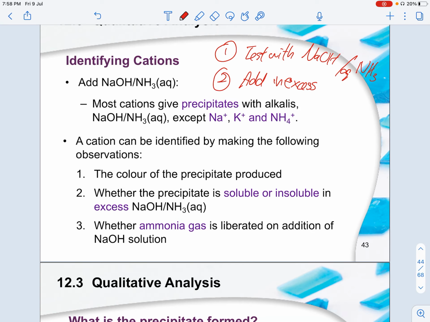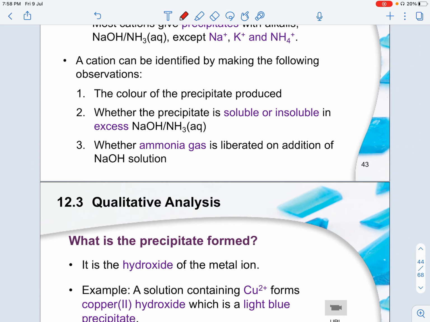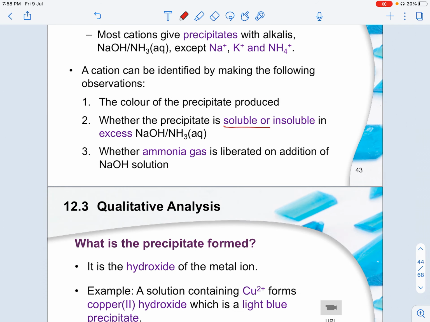Even if it's a white precipitate, the confirmation test of adding excess of either aqueous sodium hydroxide or aqueous ammonia gives you a kind of indication. So what will happen is the color of the precipitate will be produced, and whether it will be either soluble in excess or insoluble in excess. That means you add extra more.